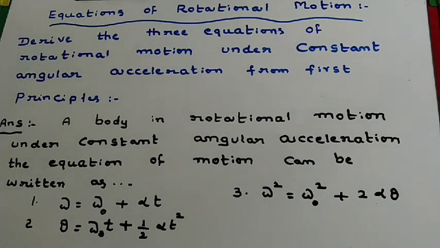Once again, the three equations of motion I am repeating here. Omega is equal to omega naught plus alpha t. Theta is equal to omega naught t plus 1 by 2 alpha t square. Omega square is equal to omega naught square plus 2 alpha theta. Now we are going to derive one by one.